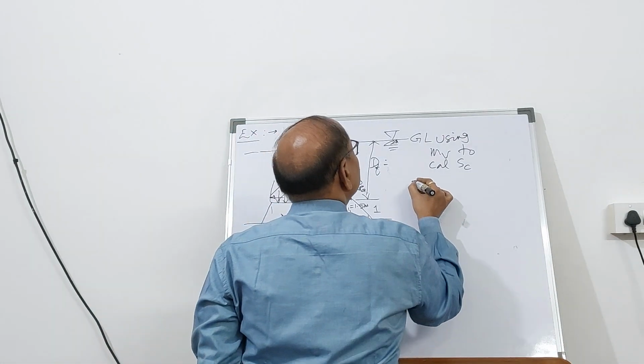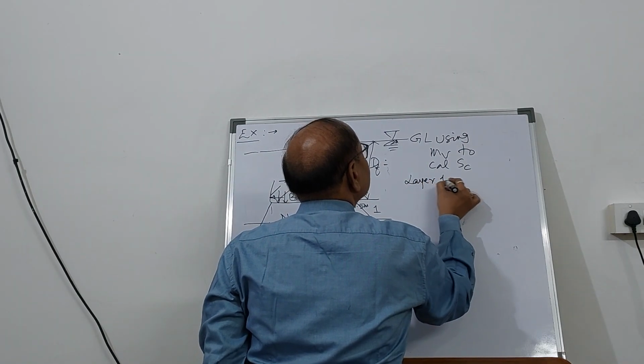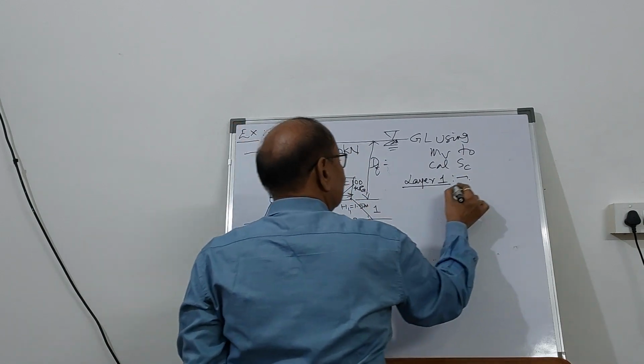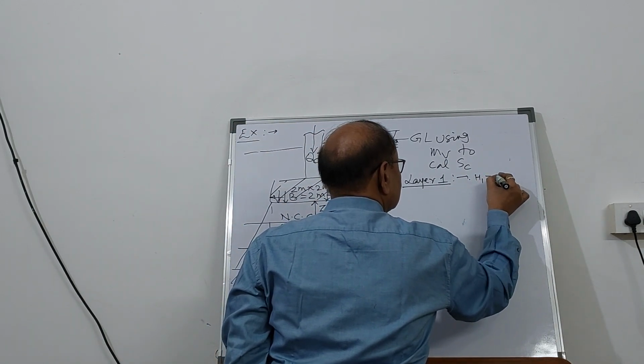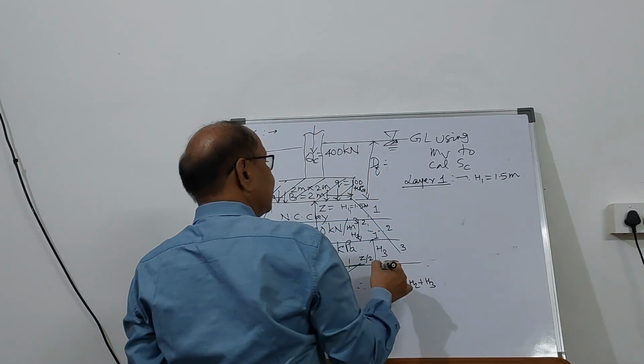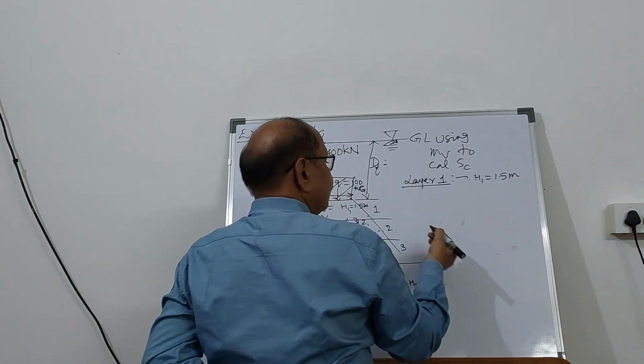So if you consider layer 1, where H1 is going to be 1.5 meter, it is uniform clay and fully saturated.